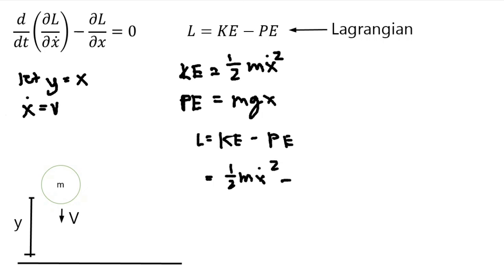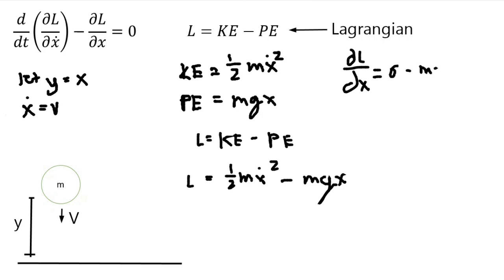So what we're going to do is plug it into the Lagrangian equation here. So we have this. After that, we take its partial derivative with respect to x, or we can take the partial derivative of the Lagrangian with respect to x dot.